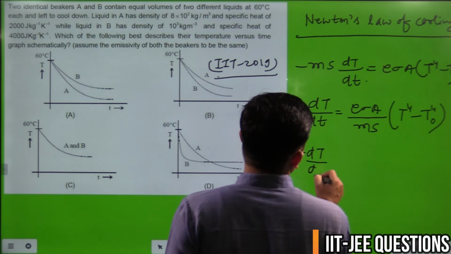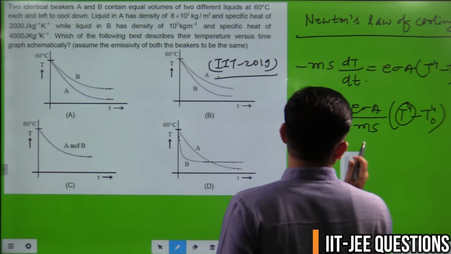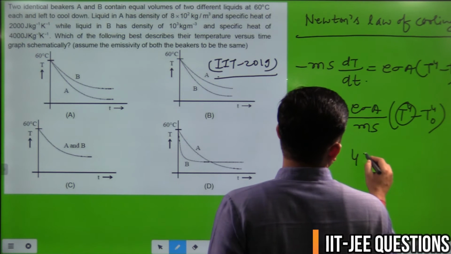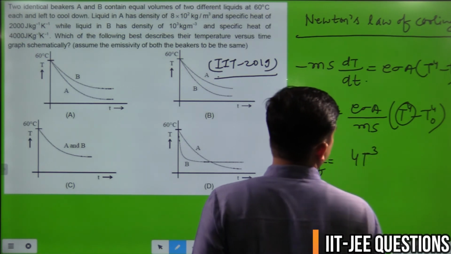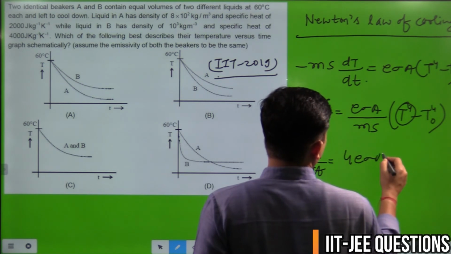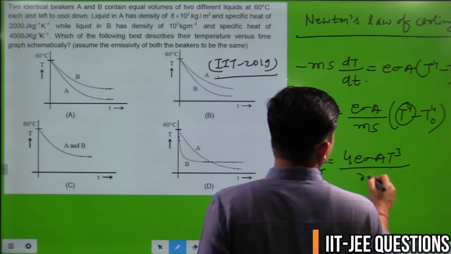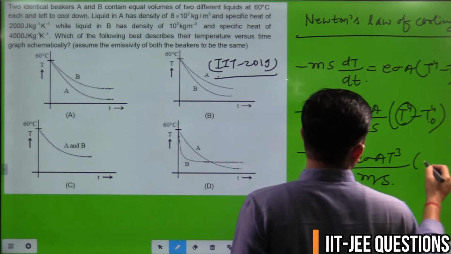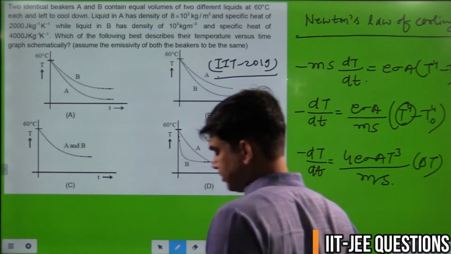Minus dT by dt: the derivative of this term is 4 T cube, it means 4 e sigma A T cube upon m s, and the remaining is delta T.